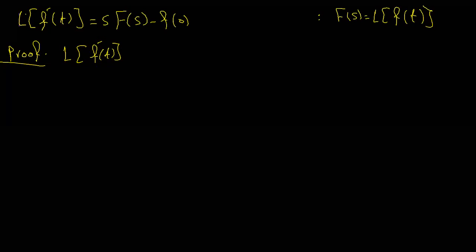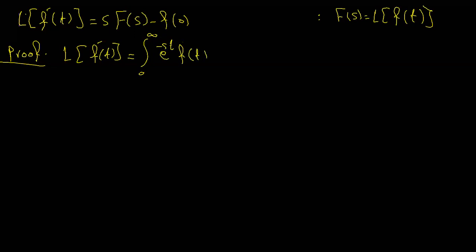But for me, I remember the definition of Laplace transform is given to be the integral from 0 to infinity of the exponential function of negative st times my function. Am I right? This is the definition of Laplace transform.